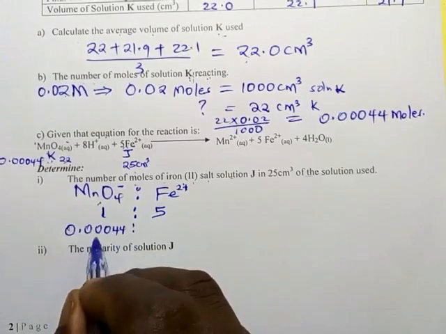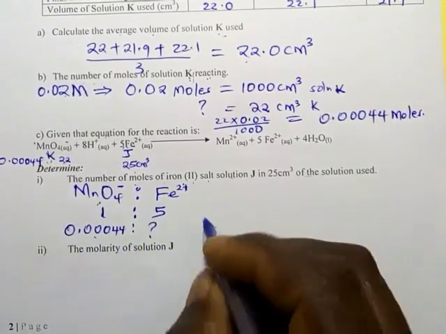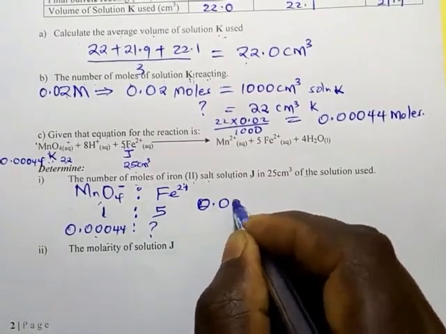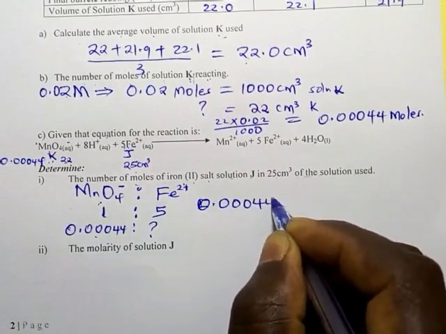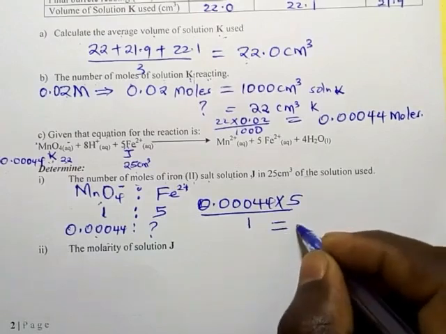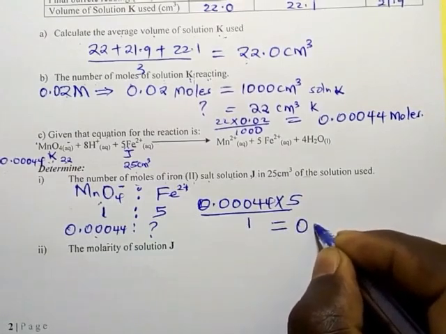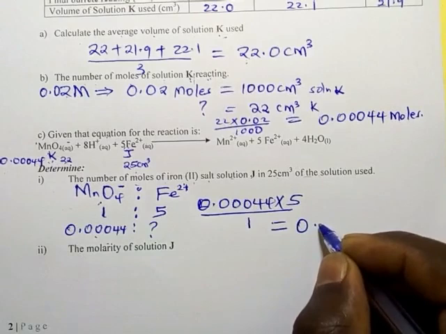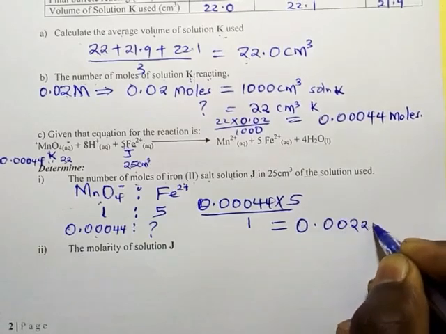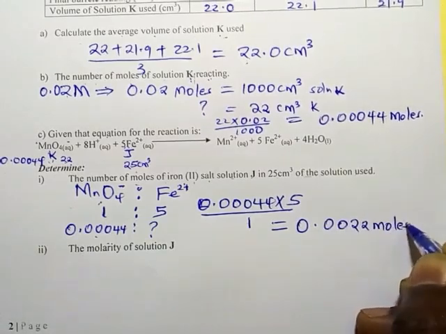So if 1 is equal to this, 5 will be what? That means it is 0.00044 times 5 divided by 1. So that gives us 0.0022 moles.